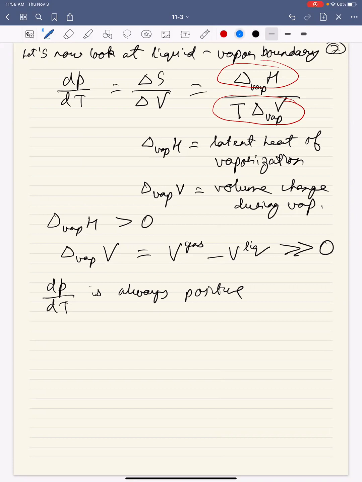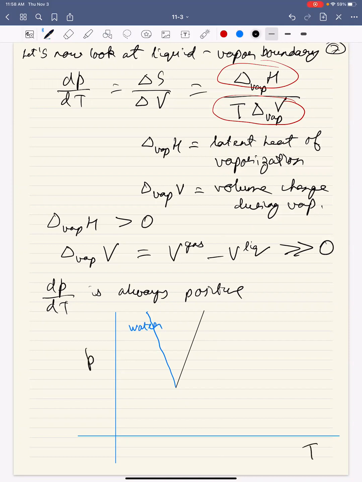So if you go to our phase diagram, and I will ignore water for a little bit, okay? I will just draw both. So most things are something like this. Water is something like this. So this is water. This is pressure and temperature.